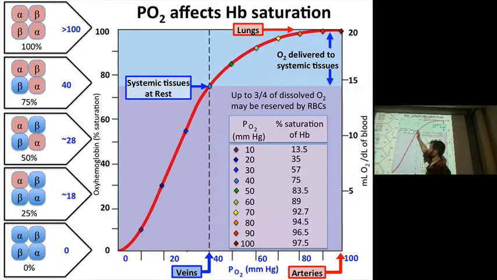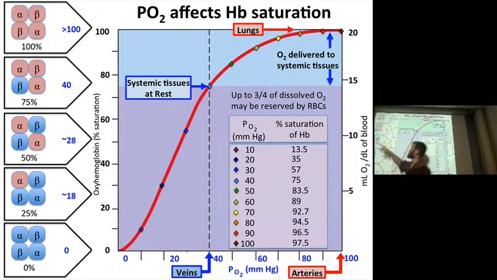And at that partial pressure of oxygen, when you are at rest, you're going to have roughly 75% saturation. Yes, this does mean that there are going to be some hemoglobin at this partial pressure that are fully saturated. There are going to be some that are at 50% saturation. But on average, in the ensemble, it's going to be 75% saturation, okay?